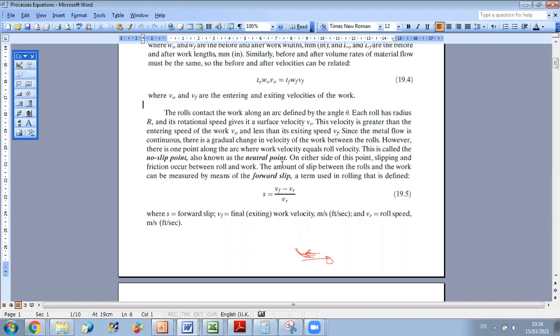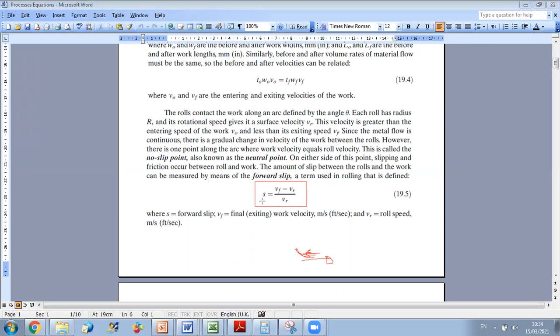The amount of slip between the rolls and the work can be measured by means of the forward slip, a term used in rolling. The forward slip, which will lead to motion of the plate from one side to the other, passing the rolls, is S equals V final minus VR over VR.